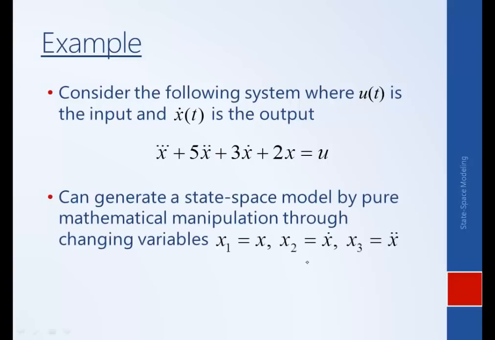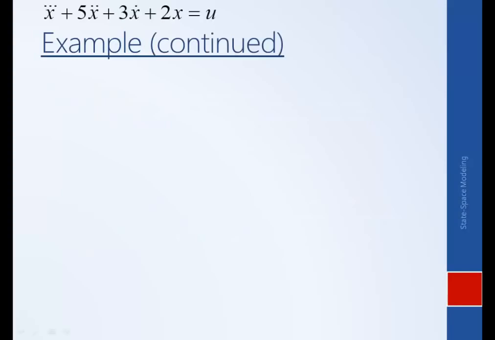By choosing this new set of variables, we can rearrange this as three first-order differential equations. So we have a variable for the lowest derivative, the zeroth derivative, the first, and the second. The highest derivative does not need its own state variable. So here we repeat the original differential equation.